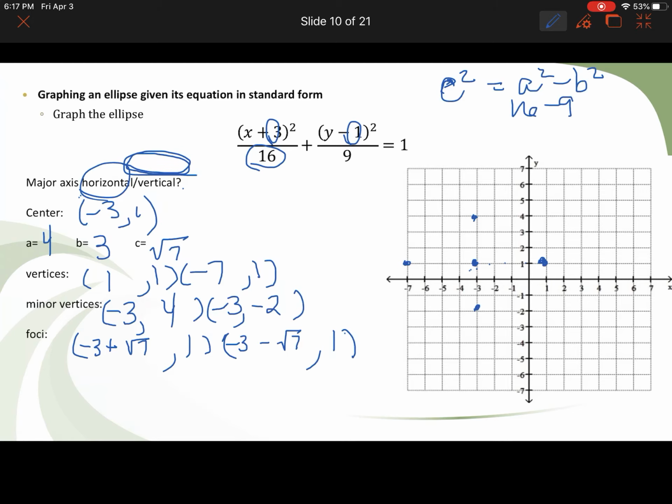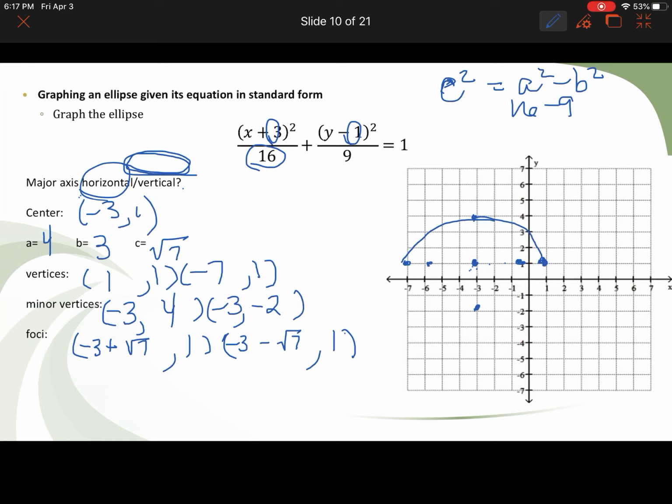So square root of 7 is bigger than 2 and less than 3, so it's between 2 and 3, right? So from this -3, I'm going to go up not all the way to 0, right? So it's going to be somewhere in here. And I'm going to go down to somewhere in here.